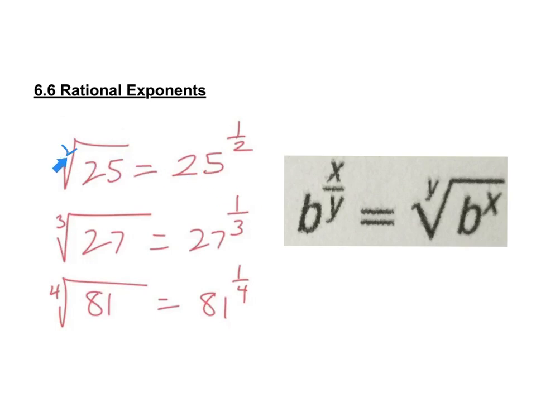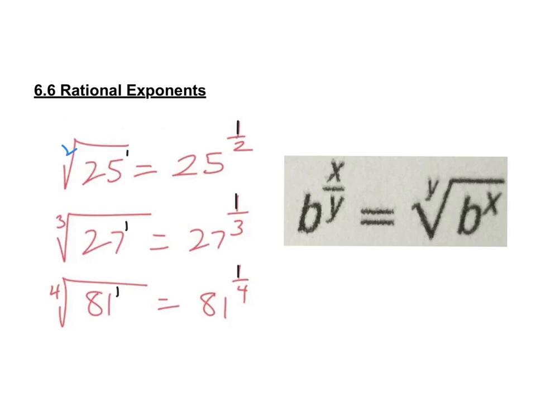And notice here that I put the little 2 in for the square root in this case. The denominator of the power corresponds to the index of the radical. Okay, and on this next slide you can see where all the little ones come from. We don't write the ones inside, but that's the same thing.